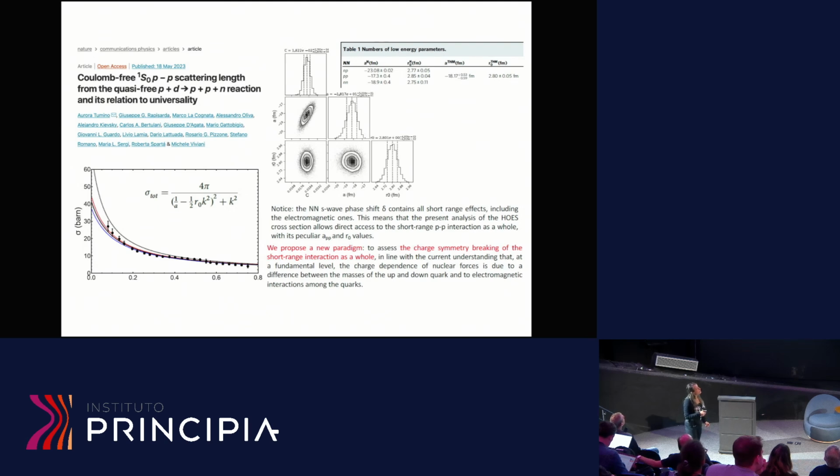This is what we call the short range, so the scattering length coming from short-range physics. That means that it has inside also the electromagnetic part, the short range of the electromagnetic part, which usually is removed. And so with this trick, we were able to assess the charge symmetry breaking, or to say something about the charge symmetry breaking of the short-range interaction as a whole, because this is also what you can determine for the neutron-neutron scattering length.